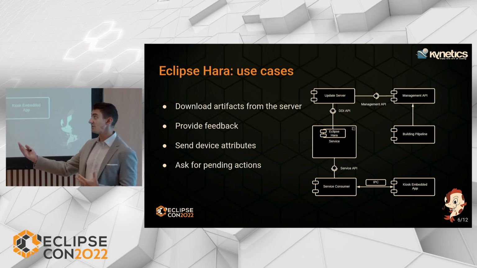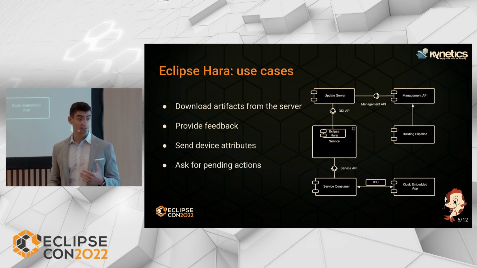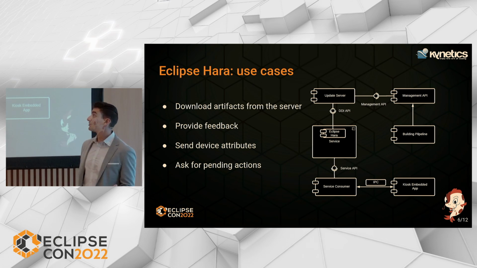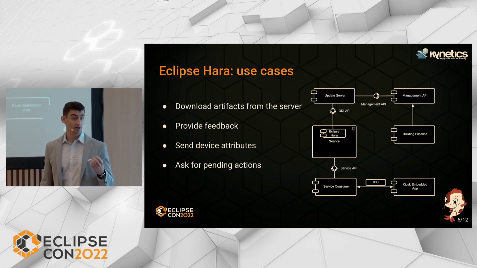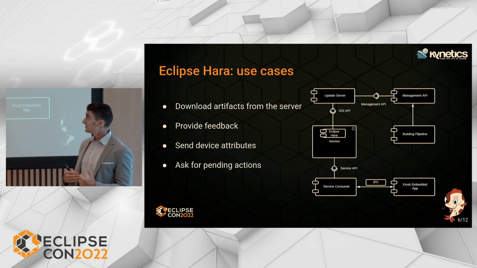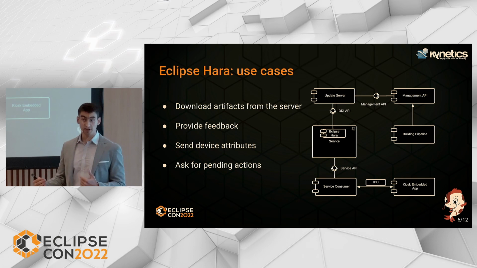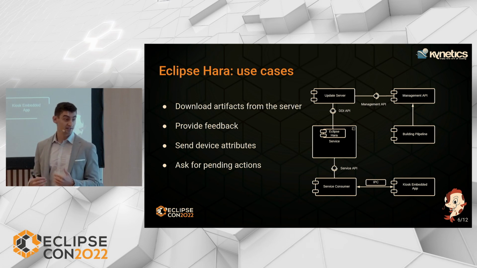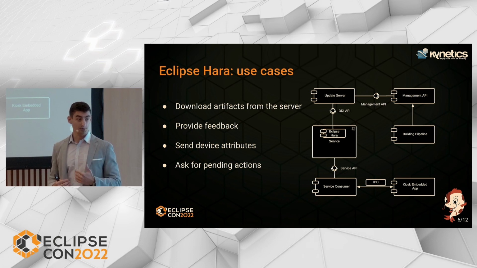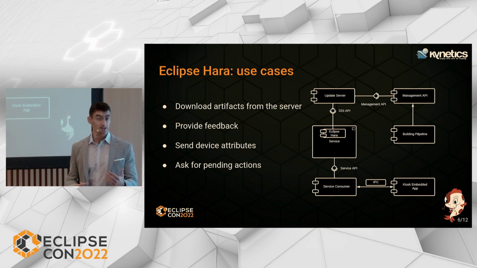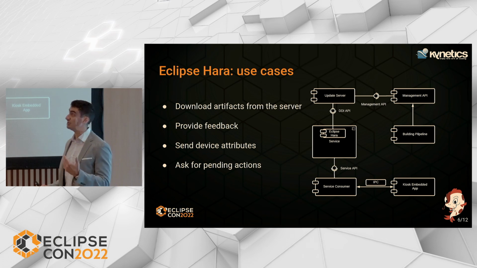So we have here a few use cases that Hara is currently fulfilling. The most important one is probably the download of update artifacts from the hawkBit server. And then, since the server needs to update the device, it is important that this device sends constant feedback to the hawkBit server so that the users of hawkBit can actually know what the device is doing.